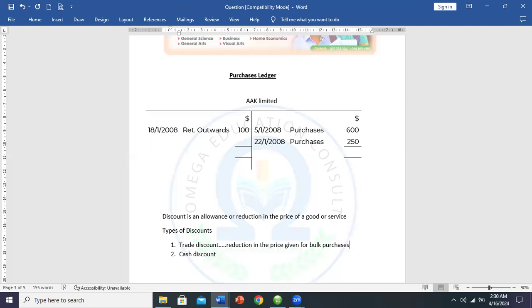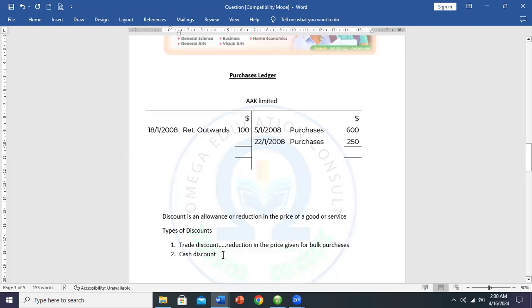Sometimes you go to a shop, they say when you buy one, it is 5 cedis. But 5 times 10 should be 50, and they will say when you buy 10, 40 cedis. So they are giving you a reduction because you are buying plenty. So that's the essence of the trade discount. Because you are buying in bulk or in larger quantities, they give you that reduction.